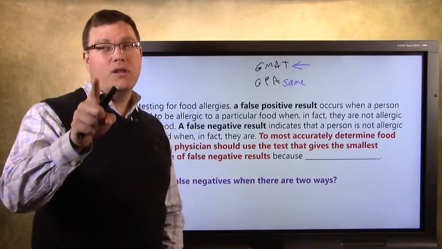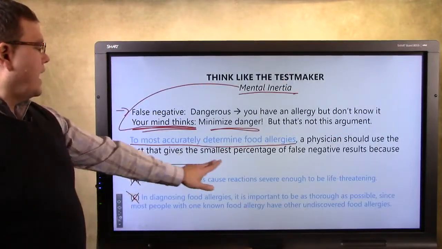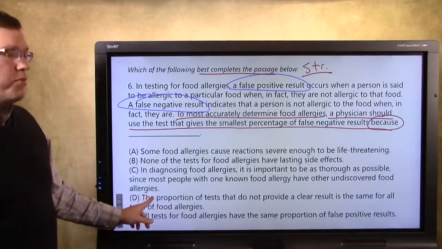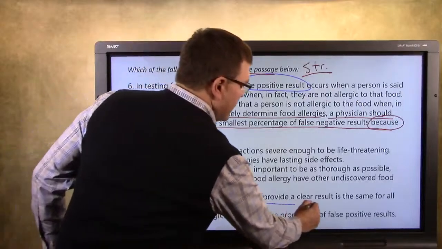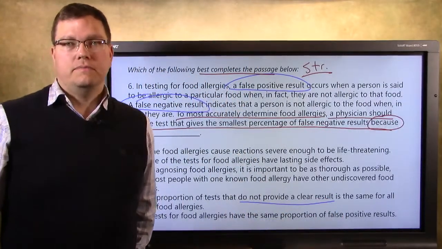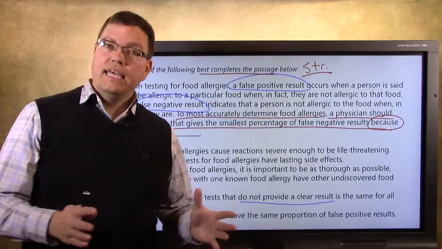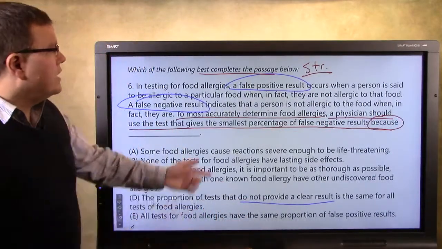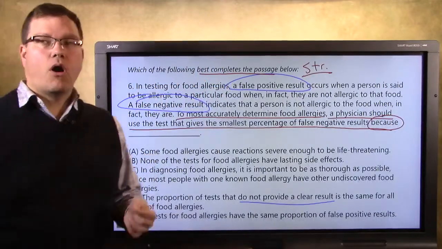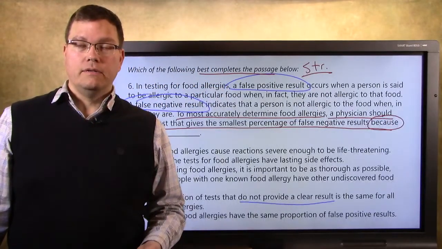Okay, now what about, A was a really good trap, wasn't it? What about answer choice D, though? Answer choice D says the proportion of tests that do not provide a clear result is the same for all tests of food allergies. That's close to being E. The reason why E is better is because false positive and false negative are mentioned as two ways to be wrong, right?